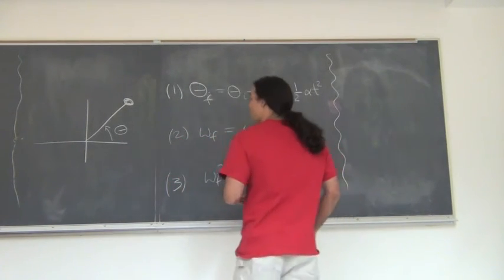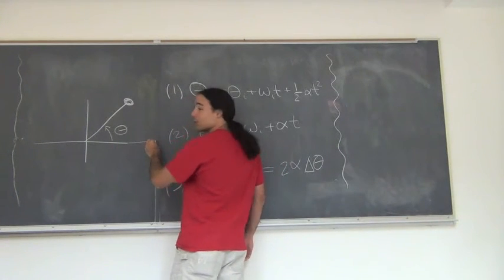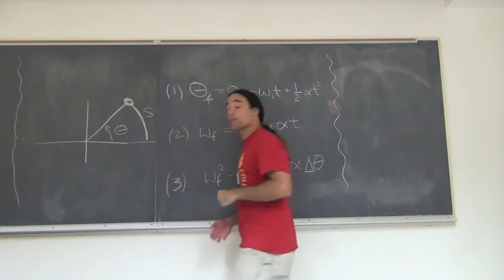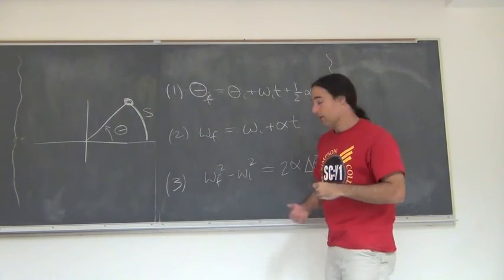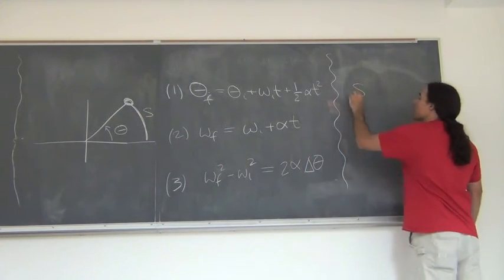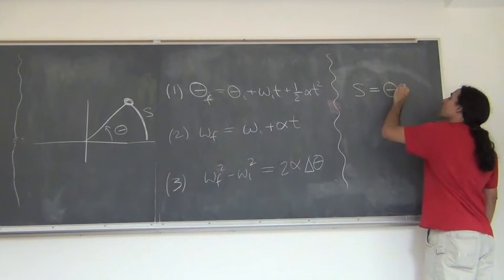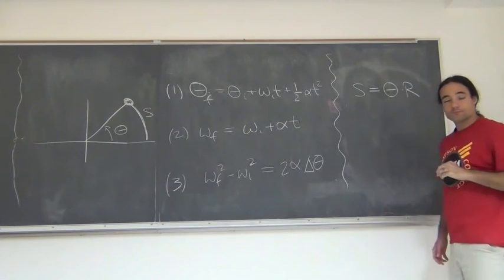So if I want to know how far I've traveled, where I am on the circle, we've already talked about how we can measure that as an arc length. So my arc length is just equal to theta times the radius.